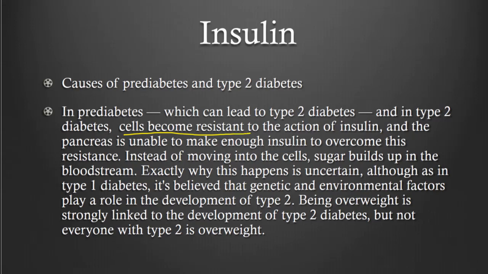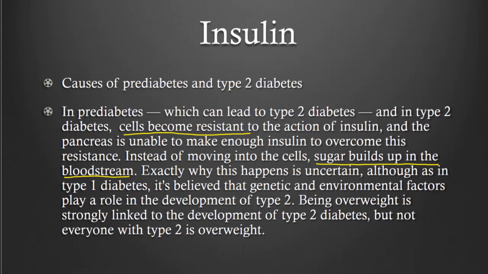Type 2, you make insulin, but the cells are becoming resistant to its effects, so we end up still having the same problem, that we cannot move sugar into the cells. So again, same thing as before, sugar builds up in the bloodstream. So the cells, again, are starving for food, but it is just not able to get in efficiently, at least.